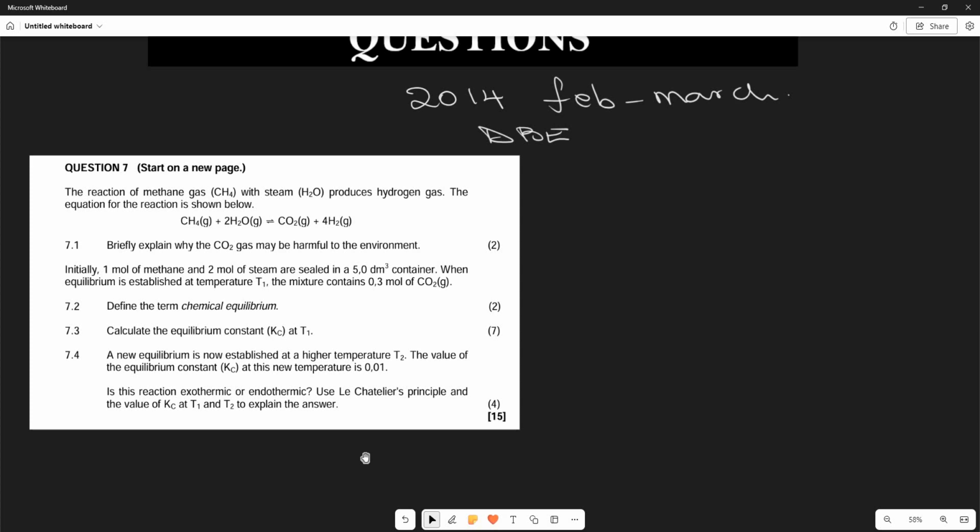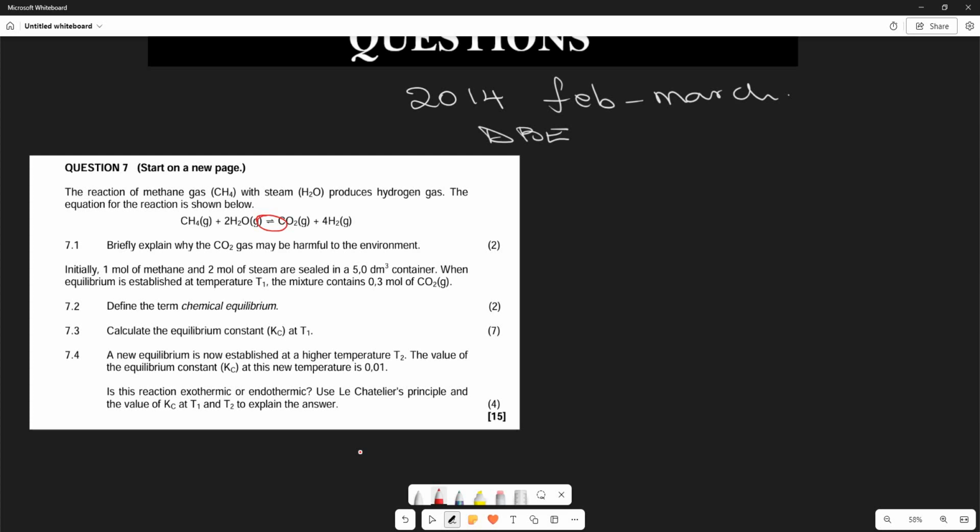So we see CH4 as a gas plus 2H2O as a gas, giving us CO2 as a gas plus 4H2 as a gas. All right, before I go further, I want us to look at this.